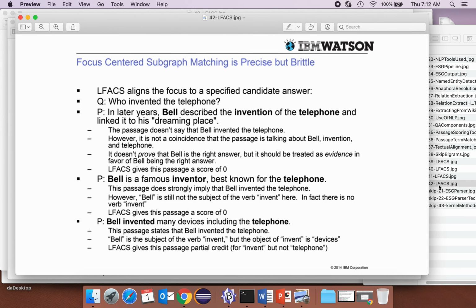I think we already talked about this one here. In later years, who invented the telephone? So here's a sentence: In later years, Bell described the invention of the telephone and linked it to his dreaming place. So it really talks about how he described the invention of the telephone.